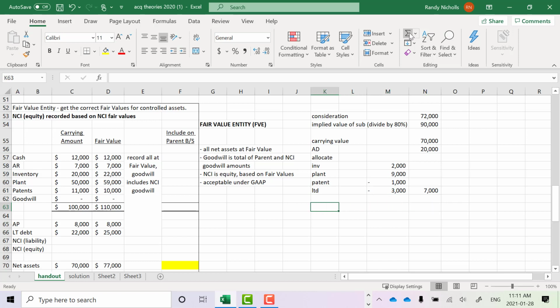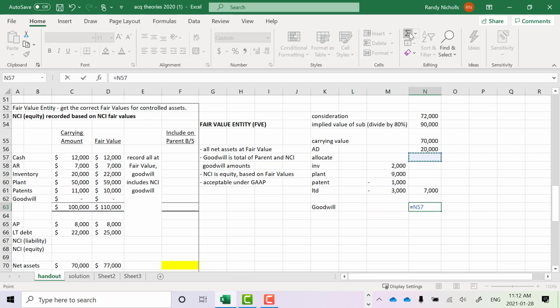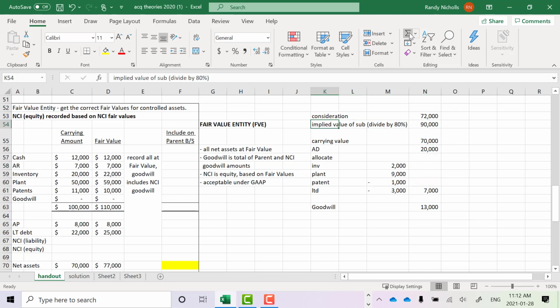That's my acquisition difference, and that leaves me with goodwill of 13,000. Okay, so exactly the same calculation as we've been doing, except we're not basing it on our consideration. We're basing it on 100% of the sub, using our consideration as the calculation.